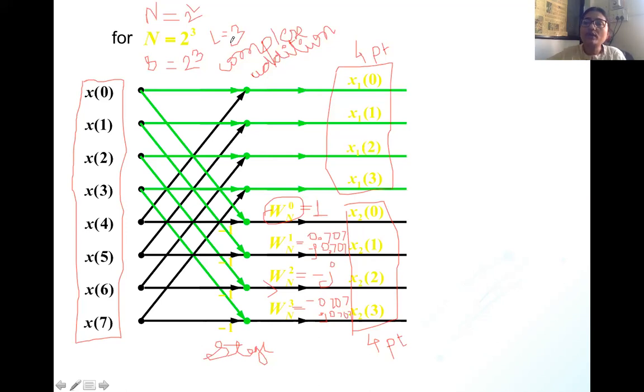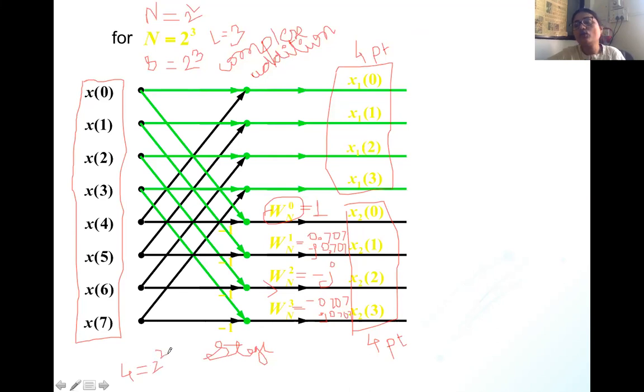So if I want to calculate DFT values and I have 8 points in my sequence, I will have to apply 3 stages in order to get the output. If I have 4 points in my database, what will happen? For 4-point computation, I will have to apply only 2 stages, 2 raised to 2.